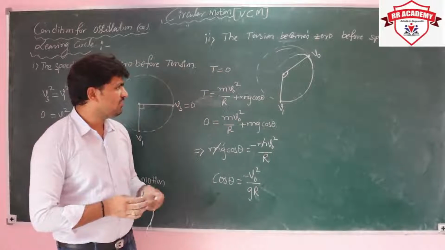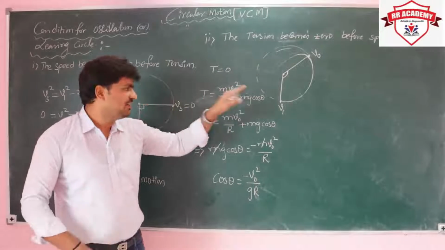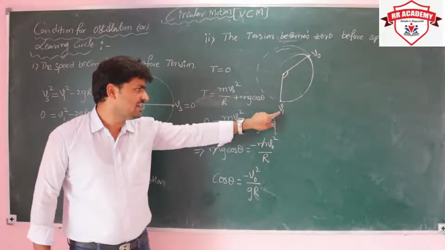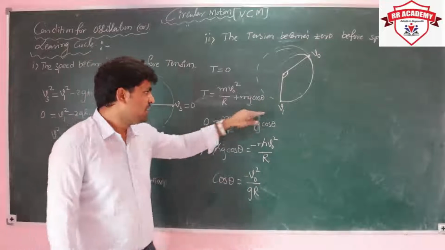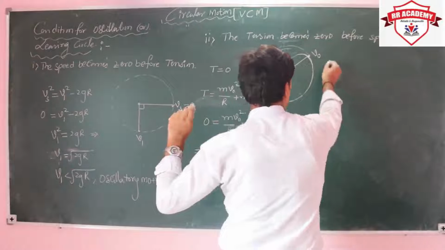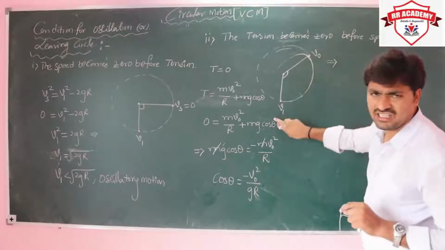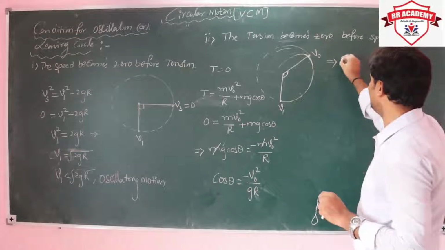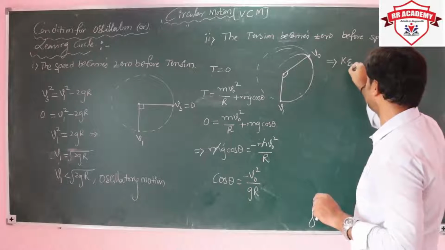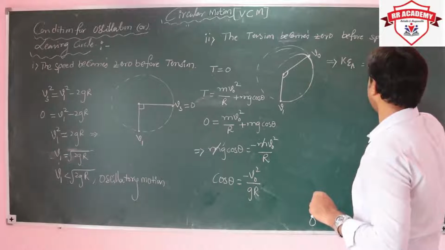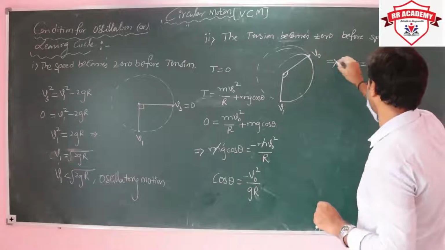Now what is v0? v0 is the velocity at that particular point, and the velocity at the lowest point we take as v1. Now we apply conservation of energy. Kinetic energy at the lowest point is equal to kinetic energy plus potential energy at this particular point.